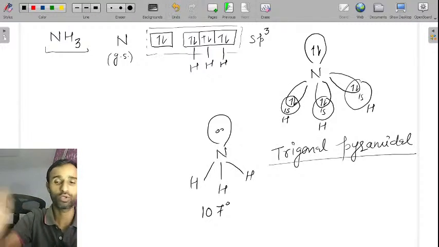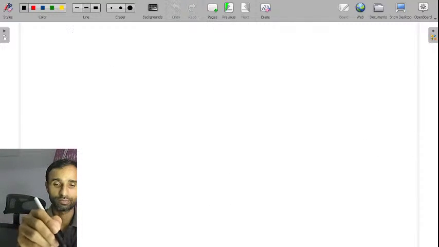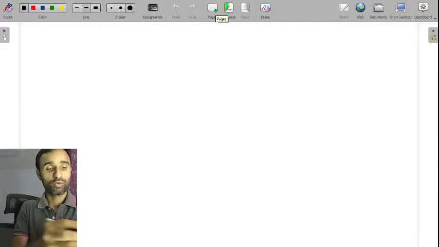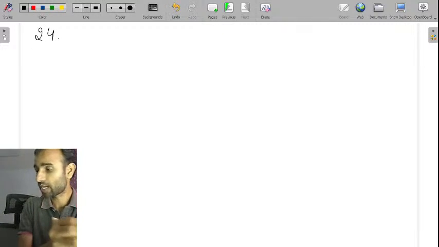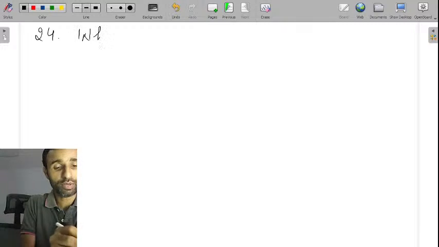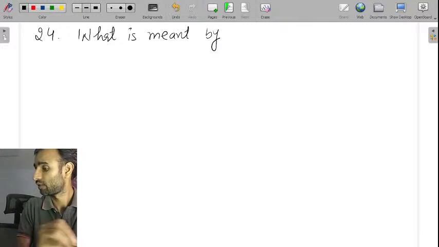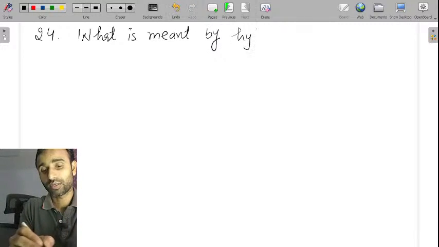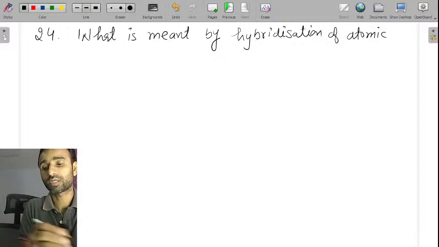So 24th question. 24th question जो है वो है what is meant by hybridization. We have done it. I will write the question. What is meant by hybridization of atomic orbitals? It is completely theoretical.